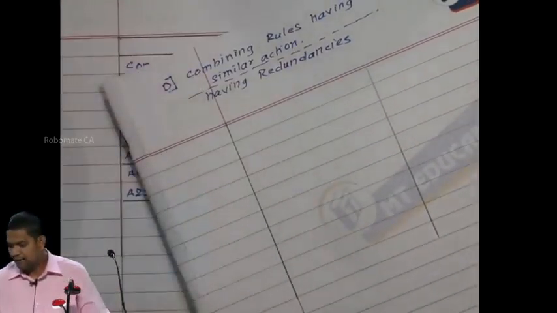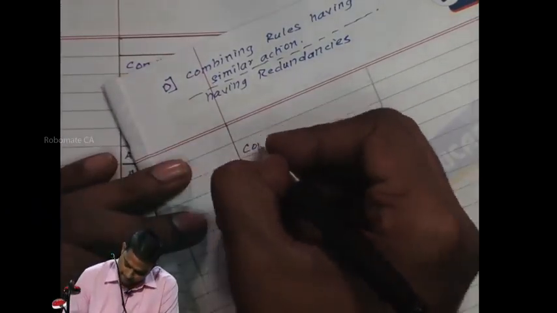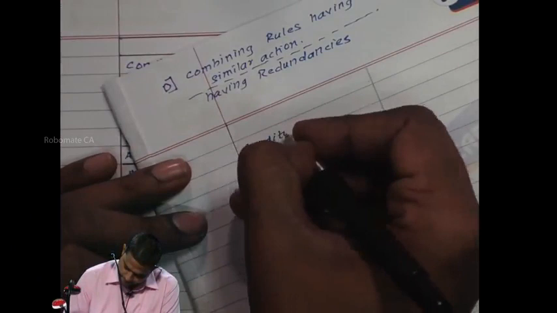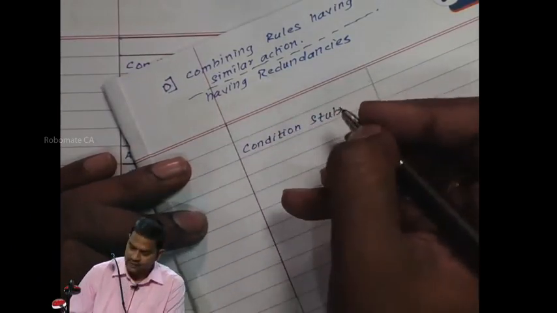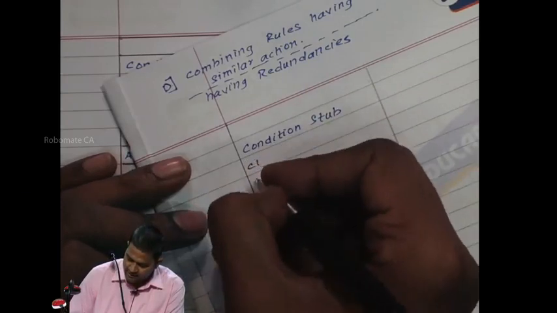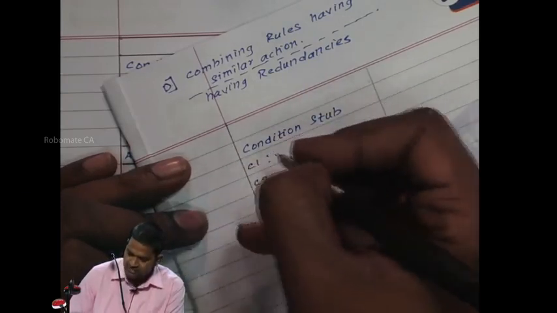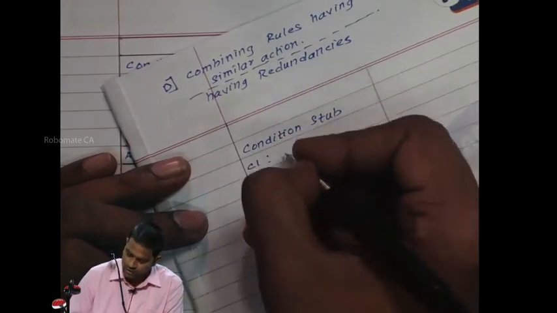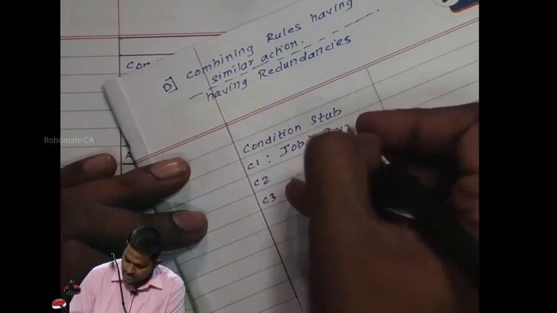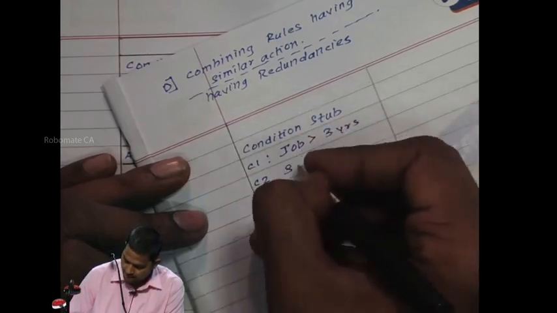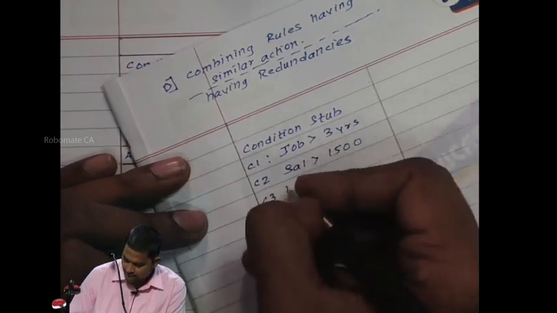What was the first part? Okay, 3 conditions, C1, C2, C3. In short, we will write, what was the first condition? Job. Second one. Third one.